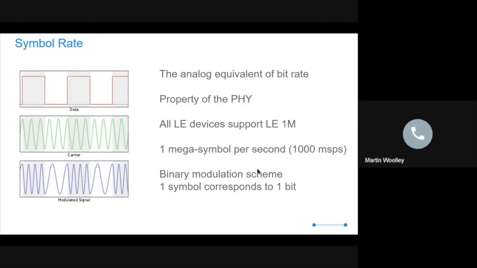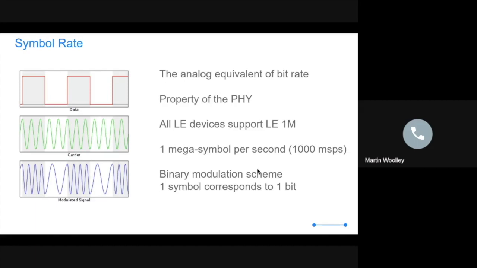To represent a 0, we take the same central frequency and we drop it down by 185 kilohertz. And these bursts of signal at one of these two frequencies is called a symbol. So a symbol is the kind of analog equivalent of a bit in the digital world. And of course, there is a rate at which we can transmit symbols.